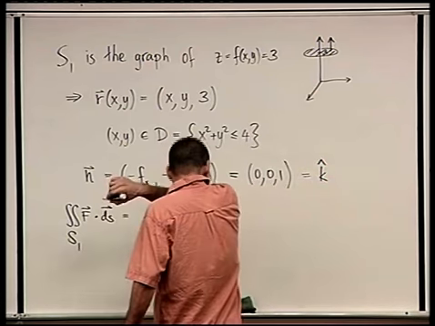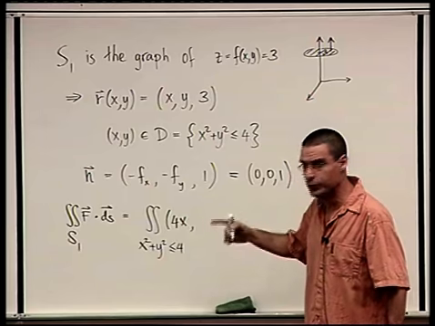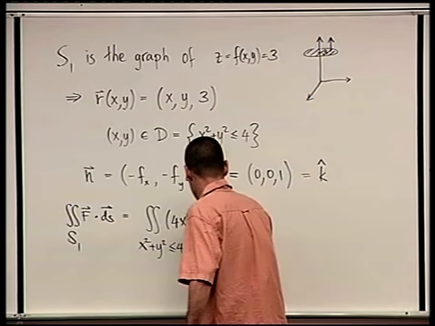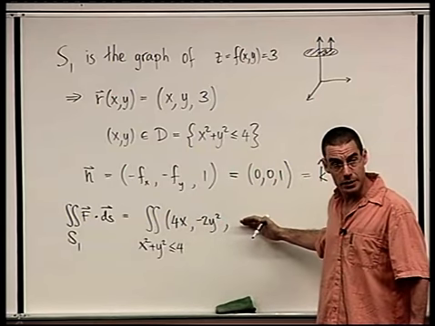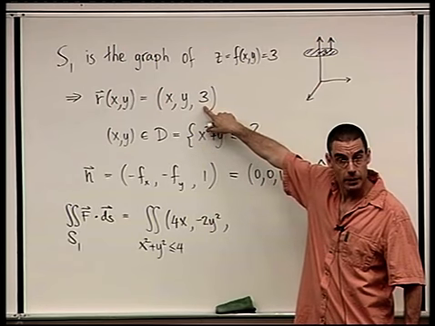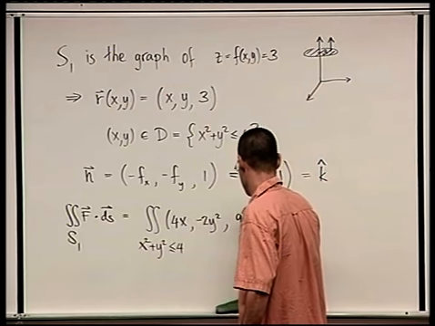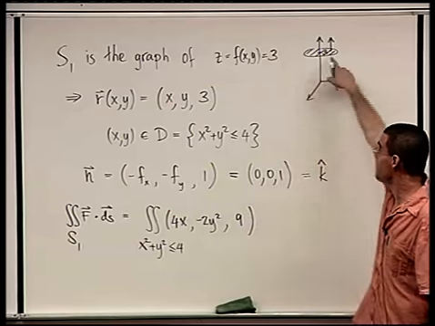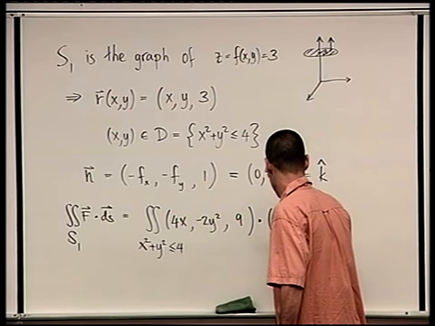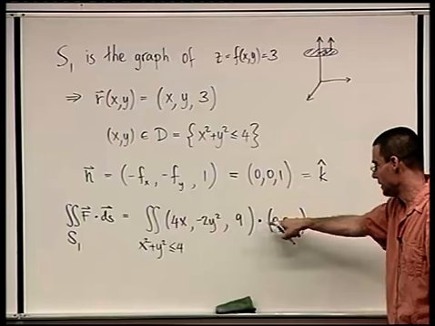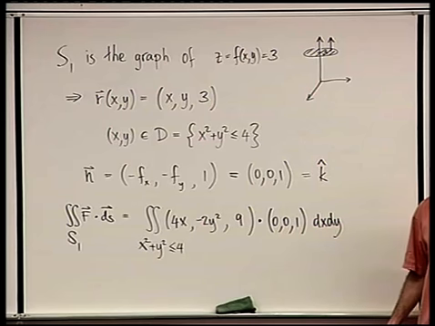The Q component was minus 2y squared. The R component was z squared, but what is z here? It's 3, since we're working on this parameterization, so z squared is 9. This is F evaluated on this surface. Do you agree? Dot 0, 0, 1. F dot n, and then u and v were just x and y, so this is the integral we have to calculate.